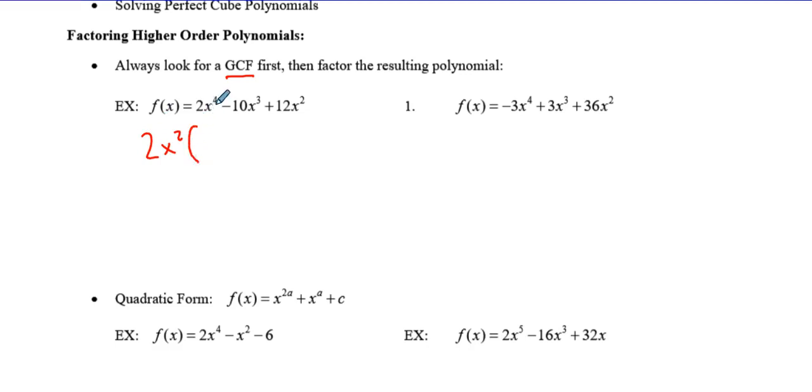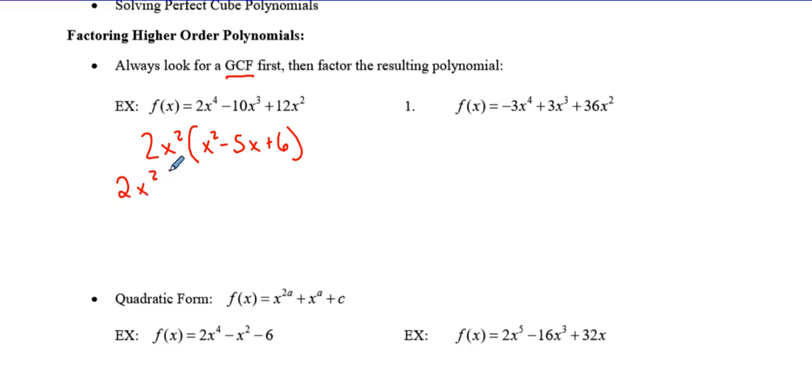When I factor that out, that leaves me with an x squared, a negative 5x, and then a positive 6. That factors out the GCF of 2x squared, and the resulting quadratic can now also be factored.